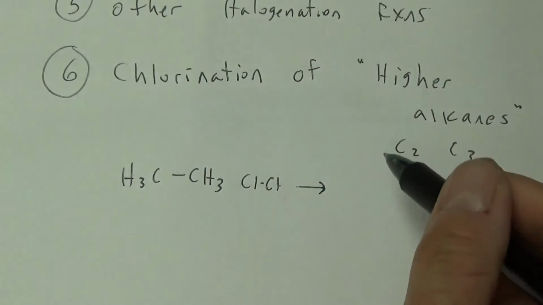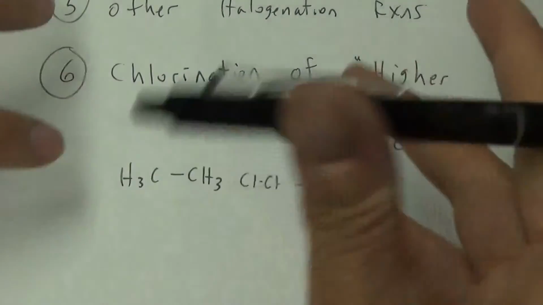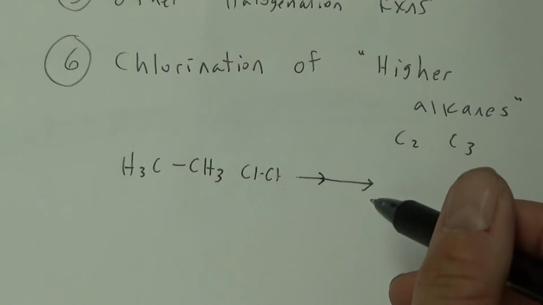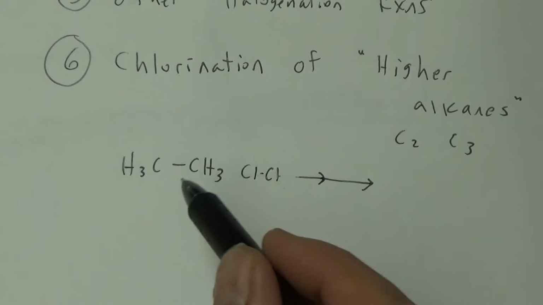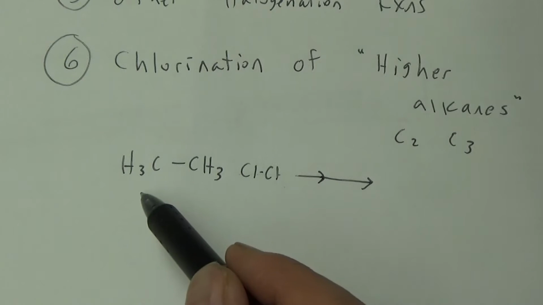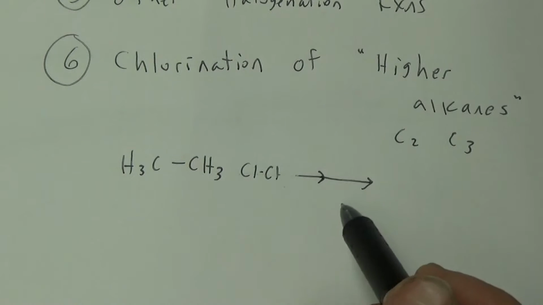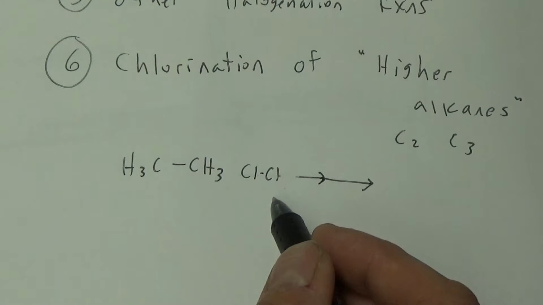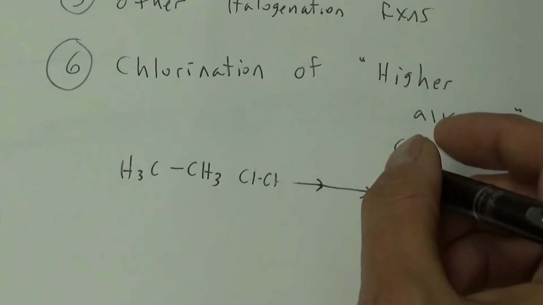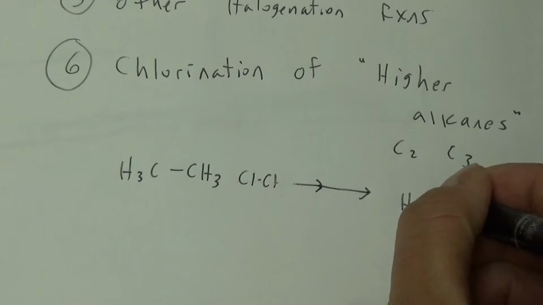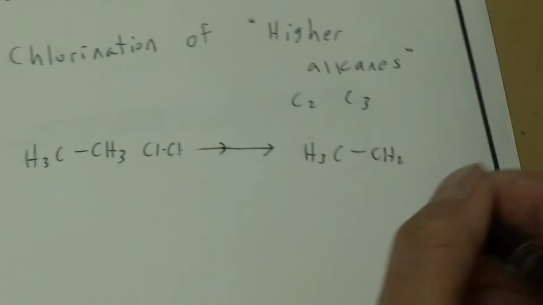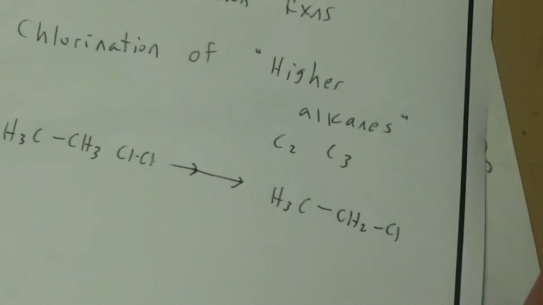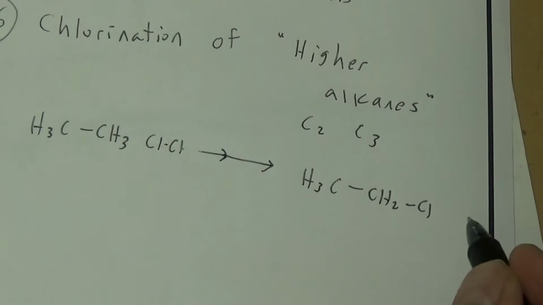And what do you think it's going to make? You'd imagine that if you react ethane and chlorine, you'd get chloroethane, right? H3C, CH2, Cl. And the byproduct is what? HCl.